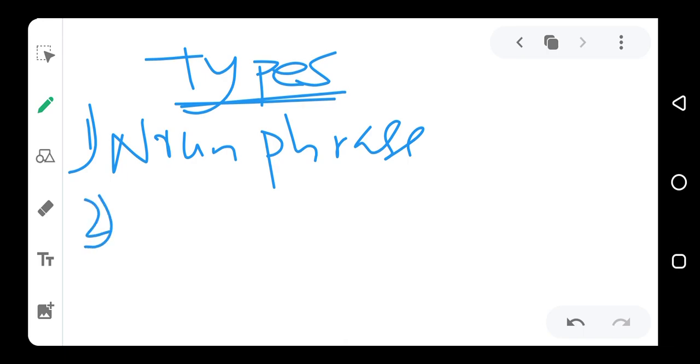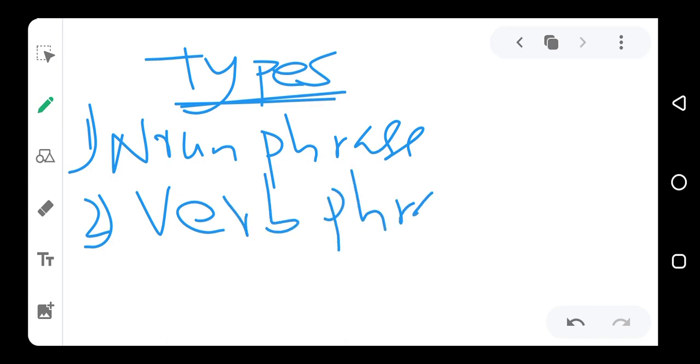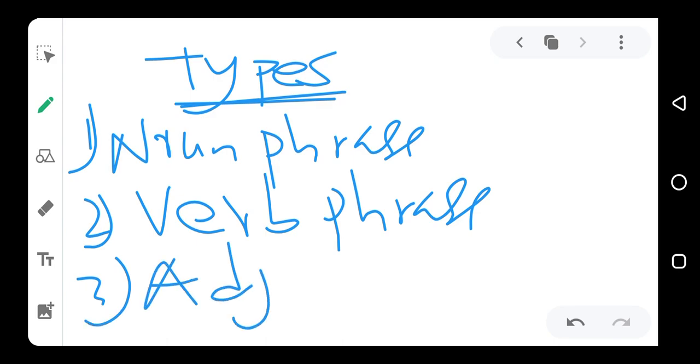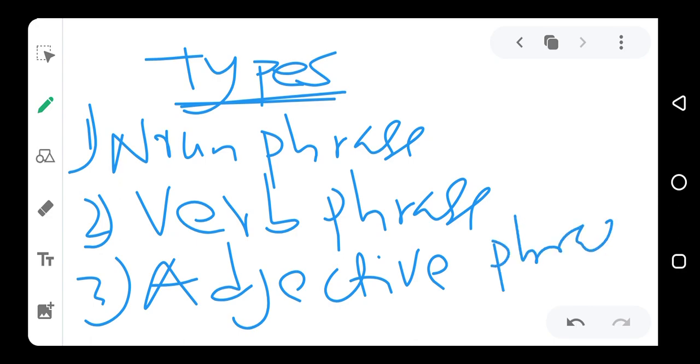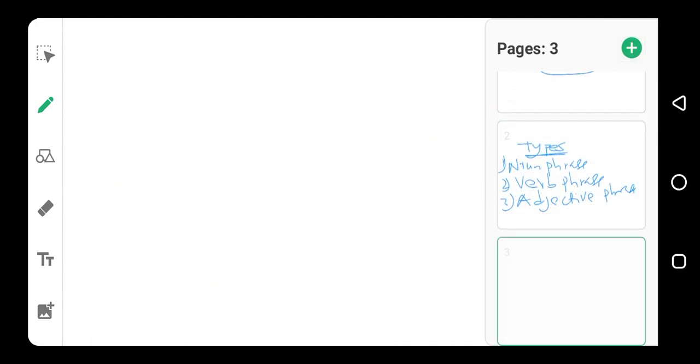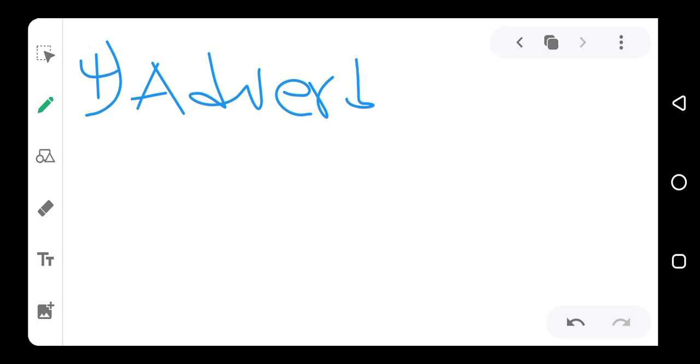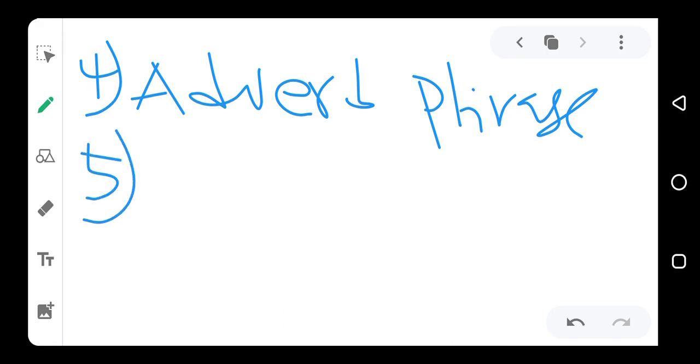We have verb phrase. 3. We have adjective phrase. 4. We have adverb phrase. 5. We have prepositional phrase.